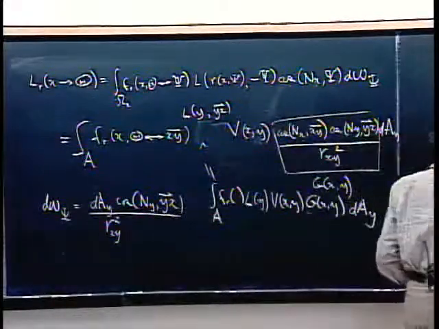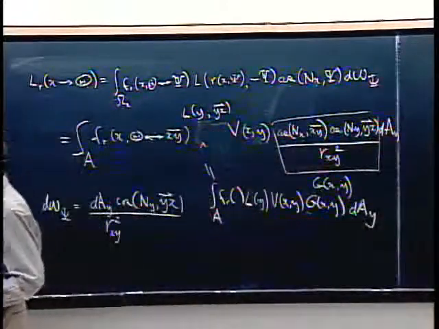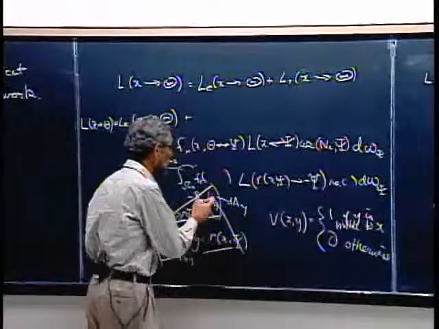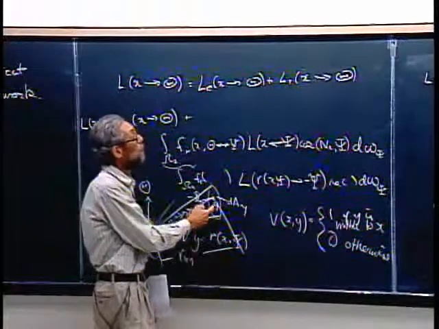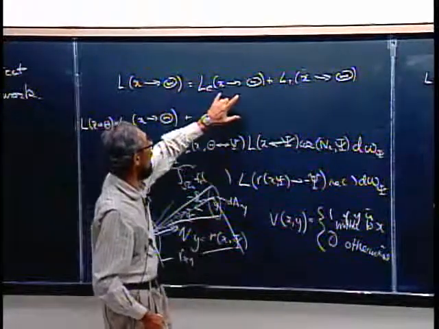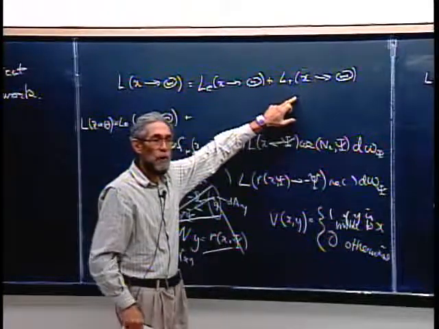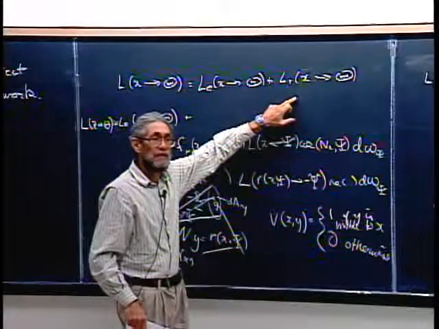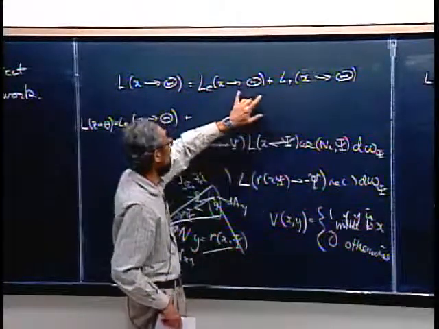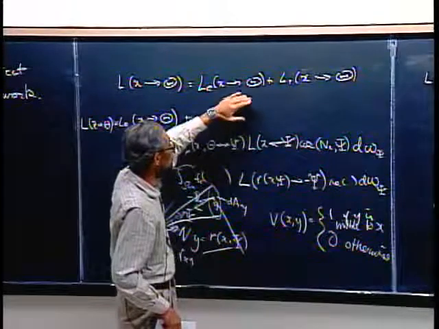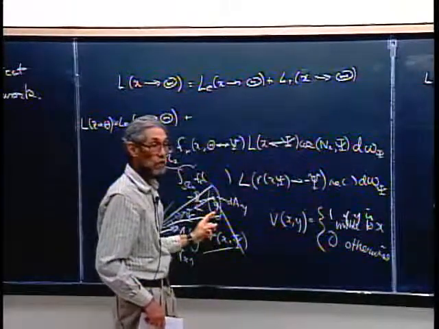So now, the light at this point y, if this was a light source, would be emitted light. So I'm going to break up the light at y also in these two terms. That's just because I want to have a separate expression for the direct illumination. In other words, what is the contribution to light emitted from this surface if it were a light source?